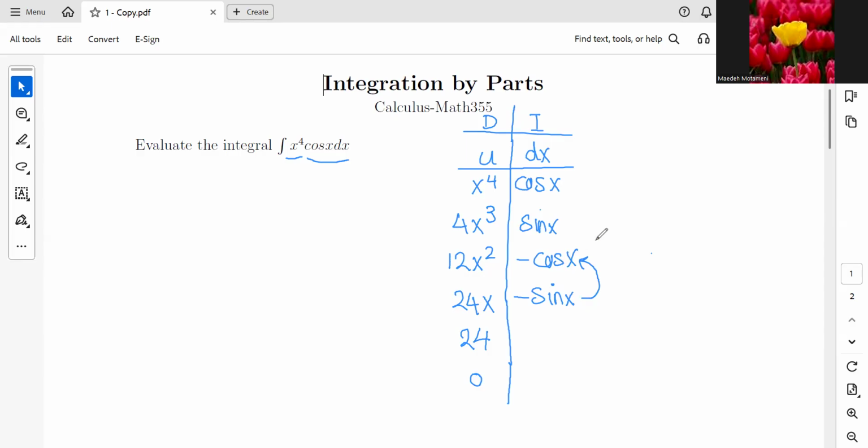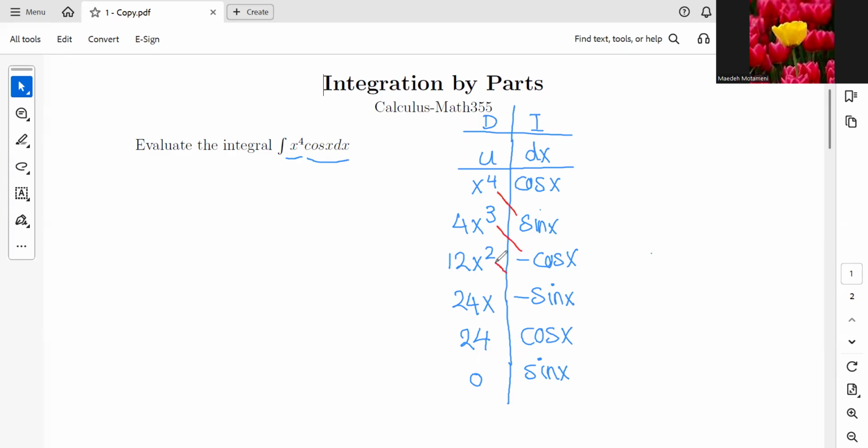The answer is yes. Is the derivative of negative cosine of x sine of x? The answer is yes. So we're doing good. And the integral of negative sine of x is cosine of x, and the integral of cosine of x is sine of x.